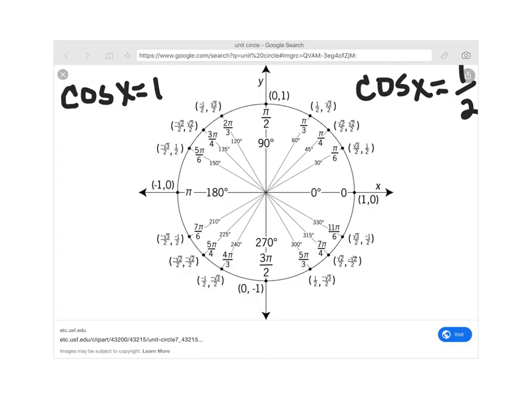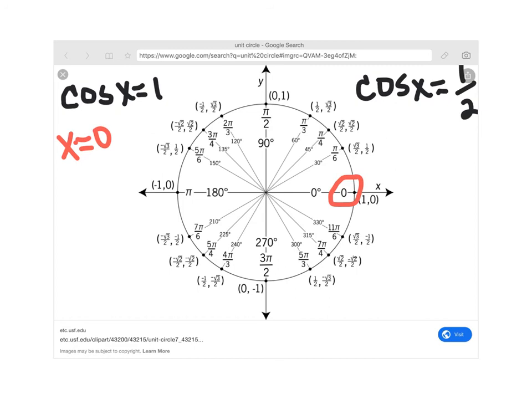I've got my unit circle out, and now I'm going to look for the angles. I'll start with where cosine x is equal to positive 1. Remember, cosine is our x value. Where is x positive 1? Well, that occurs at 0 and the only spot. So here's one of those rare occasions where there's only one angle, and that would be when x is equal to 0.